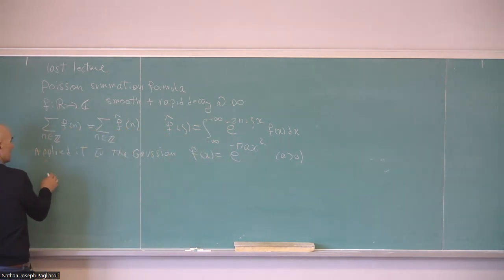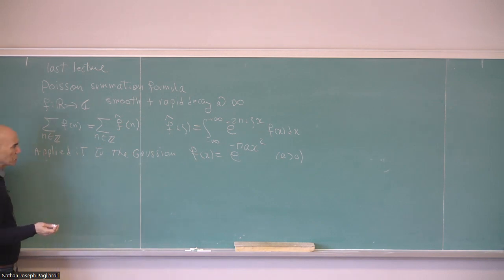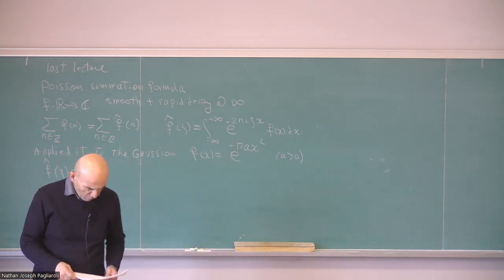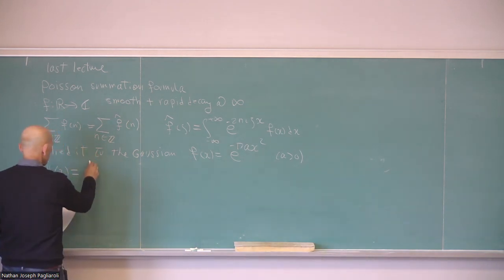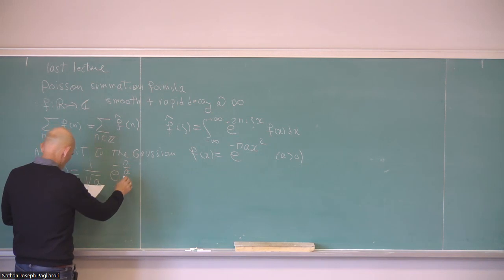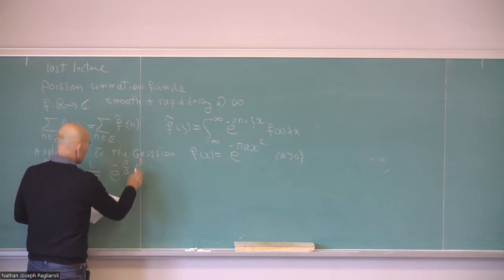Okay, so this is actually in your assignment, but I didn't want you to do it. This is a standard thing in Fourier analysis, the first thing that you do. So f hat of ξ turned out to be equal to 1 over root a, e to the minus pi over a ξ squared.